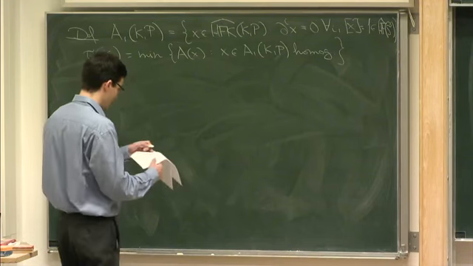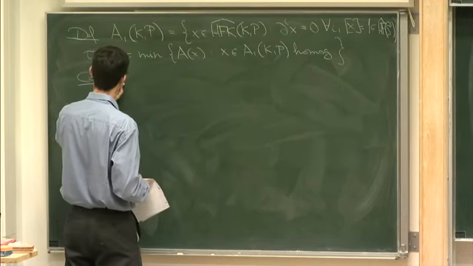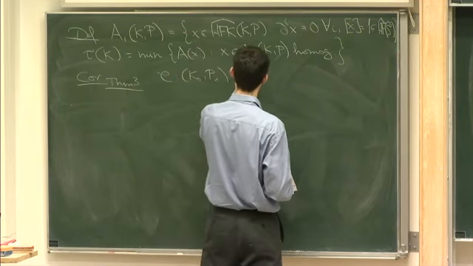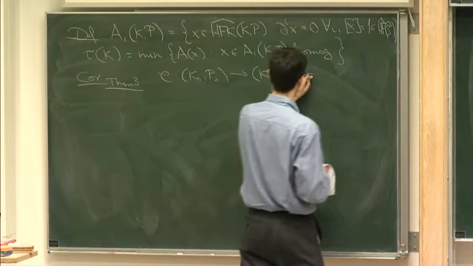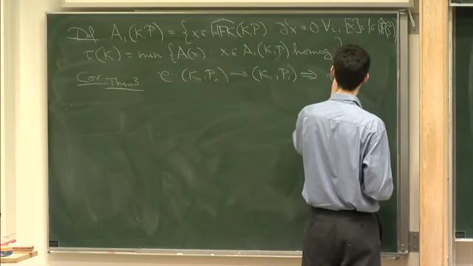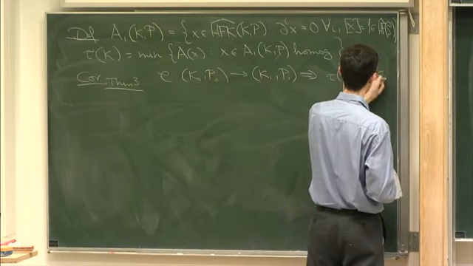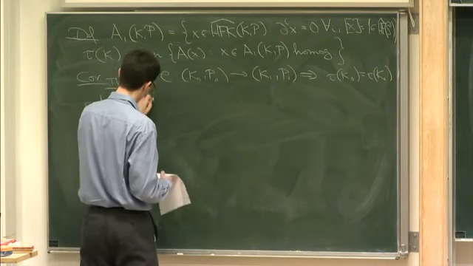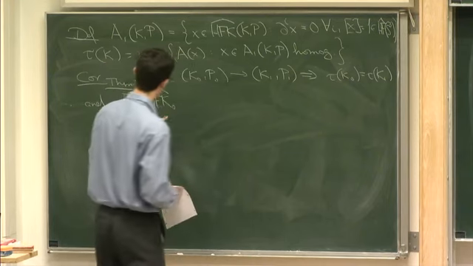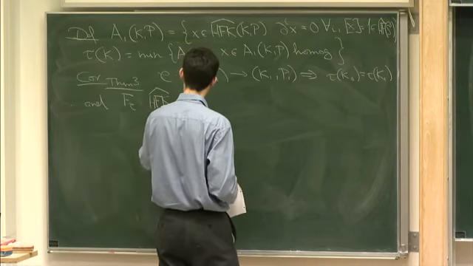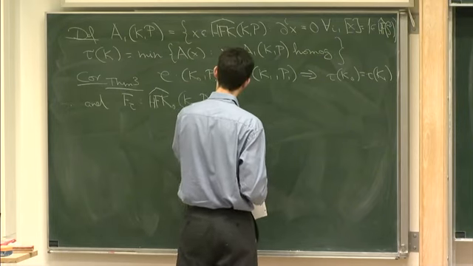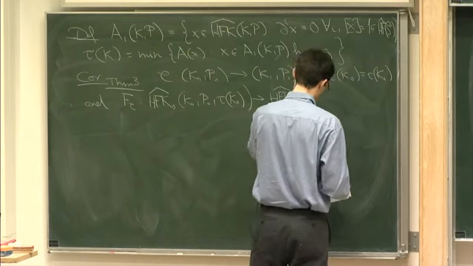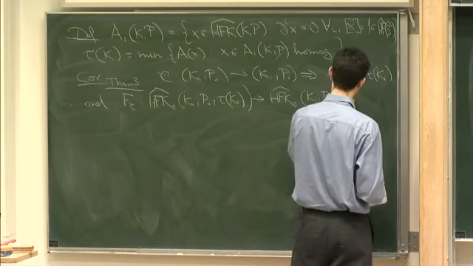So then a corollary of our theorem 3 is that if C is a concordance from K0 P0 to K1 P1, then you get another proof, that's not the interesting bit, that the tau invariants of the two knots agree, and F_C from the bigraded part 0, HFK hat sub 0 of K0, P0, tau of K0 is mapped to HFK hat sub 0 of K1, P1, tau of K1 is non-zero.